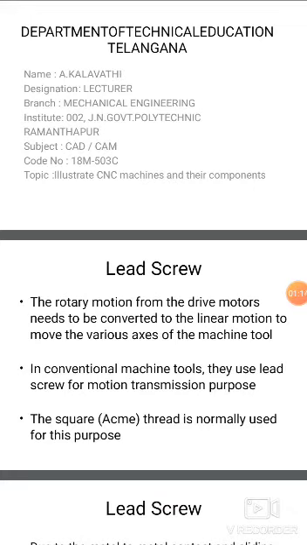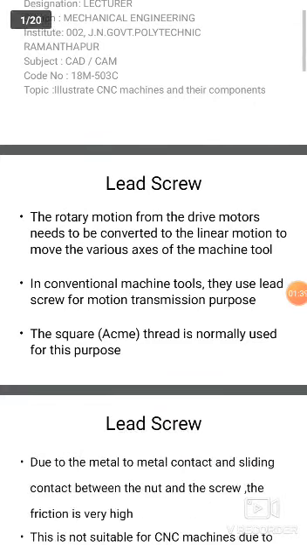So the nut will remain as it is, and only the screw will be rotating, with the screw threads offering great efficiency.